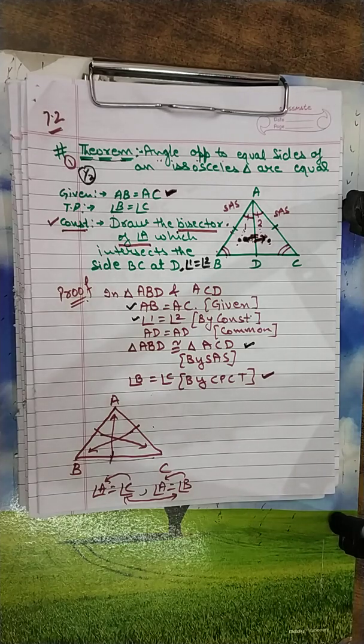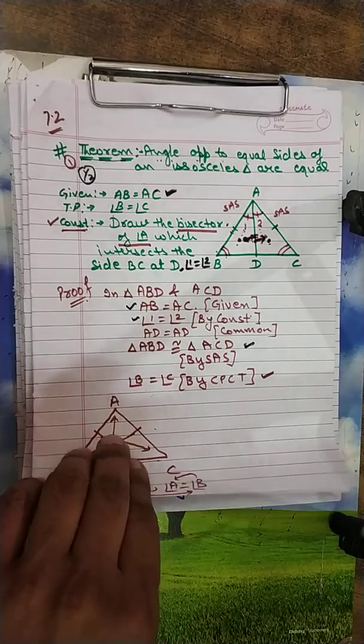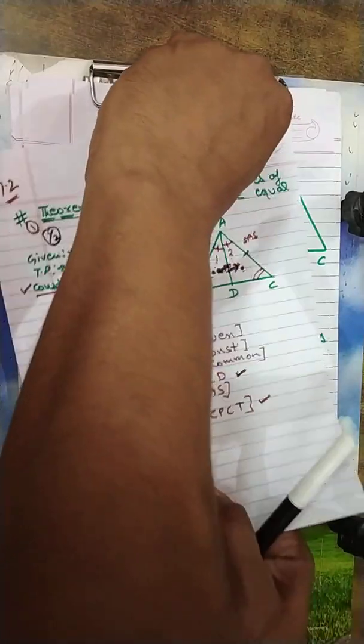So if you want to prove that all angles of an equilateral triangle are equal, you can do it with the help of this property. Okay, that is an extra concept.